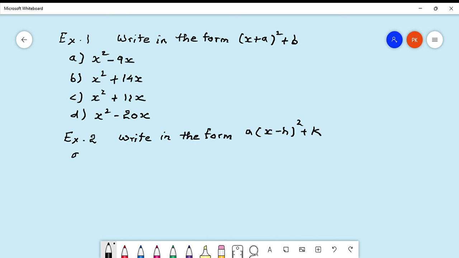So first problem, 3x square minus 12x plus 5, B, 4x square plus 12x minus 11. So just try these problems for homework, and next class we'll see how, using this completing square method, to solve some of the quadratic equations.